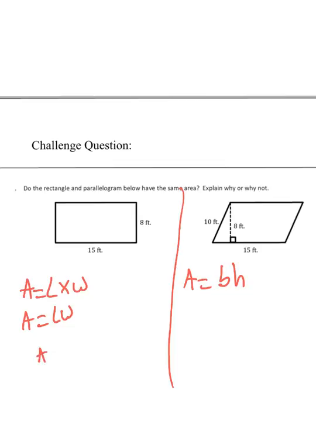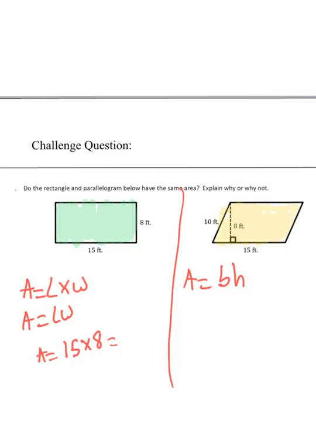So we know that the area for this would have to be 15 times 8. And remember, area is the space inside of a shape. So we're finding all of that space inside of a shape. Same thing here, the space inside the parallelogram.